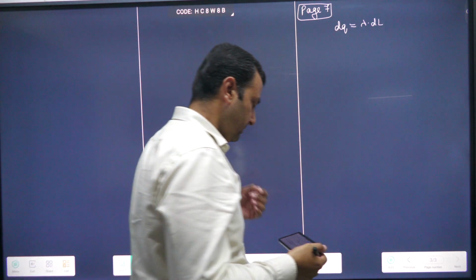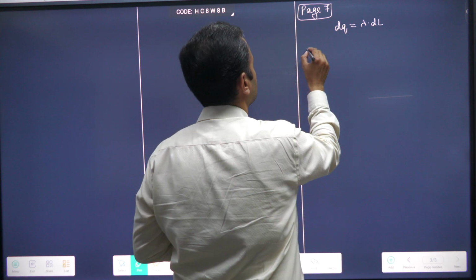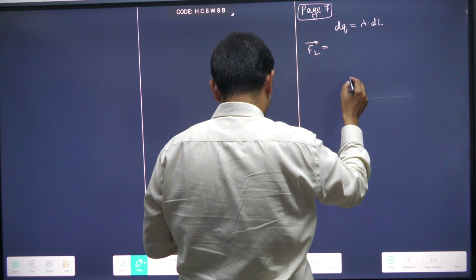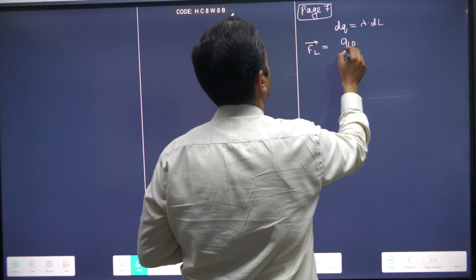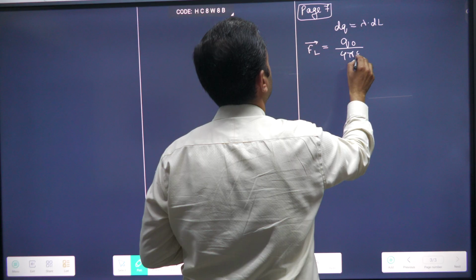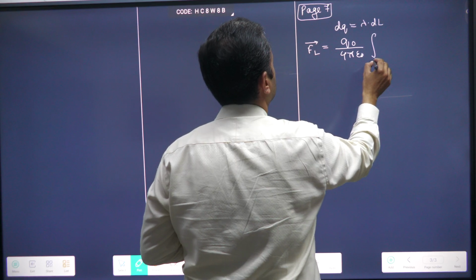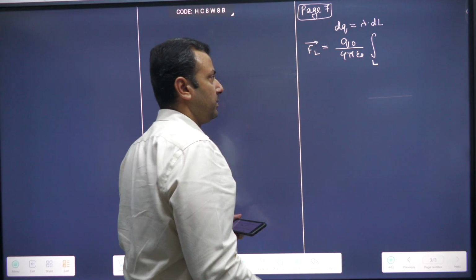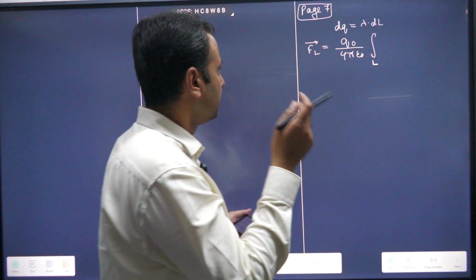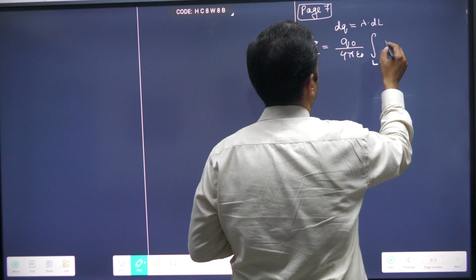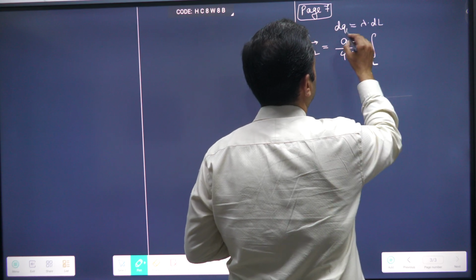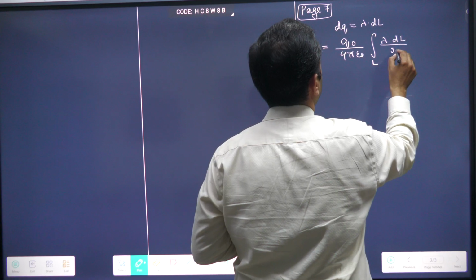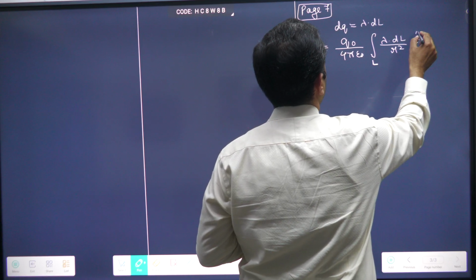In the same way, we are calculating the force due to the line charge distribution. F_L vector is equal to q naught upon 4 pi epsilon naught integration, and we write L near the integration sign, dq upon r square, r cap. What will we write for dq? dq will be lambda dl upon r square, r cap.